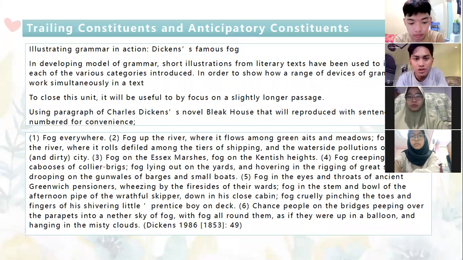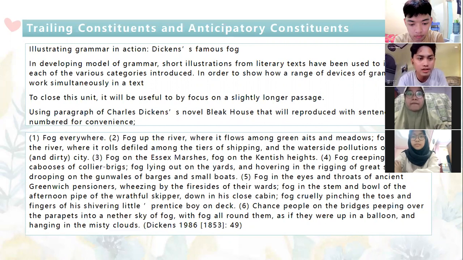In order to show how a range of devices of grammar can work simultaneously in a text, to close this unit, it will be useful to focus on a slightly longer passage, using a paragraph of Charles Dickens' novel Bleak House that will be reproduced with sentences being numbered for convenience.